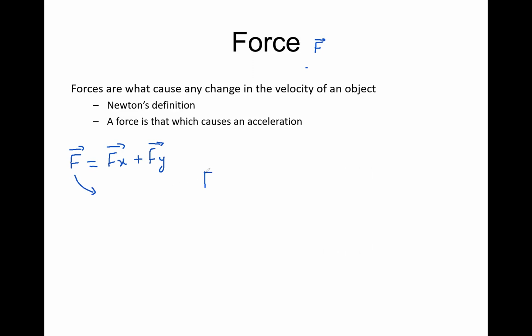If we have this object at rest, to create a motion, we have to apply F. When you have F, you have a change in the velocity. I mean, you have a, because a equal dv over dt. Okay?